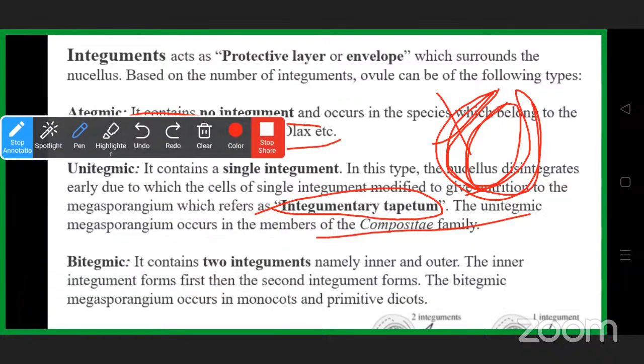And bitegmic: most of the ovules have two integuments, inner and outer.